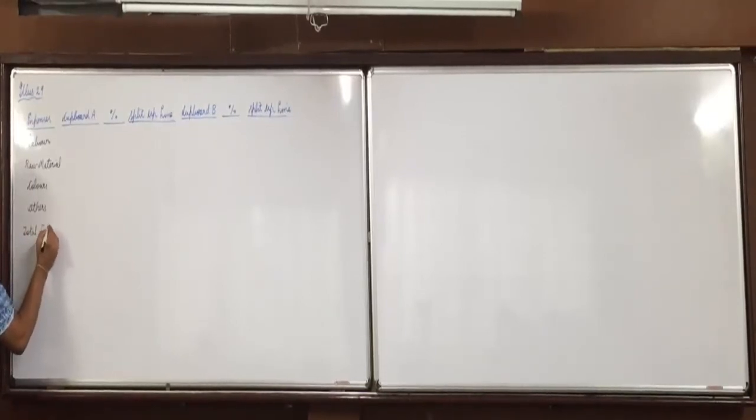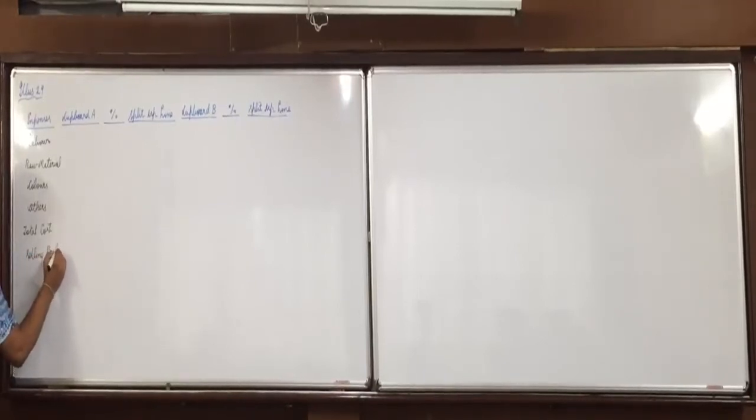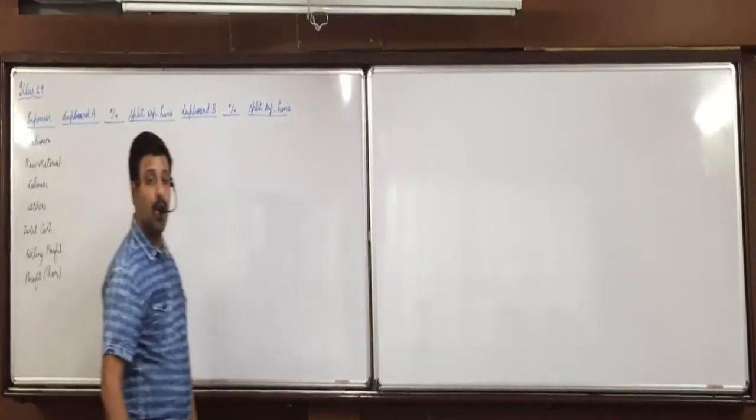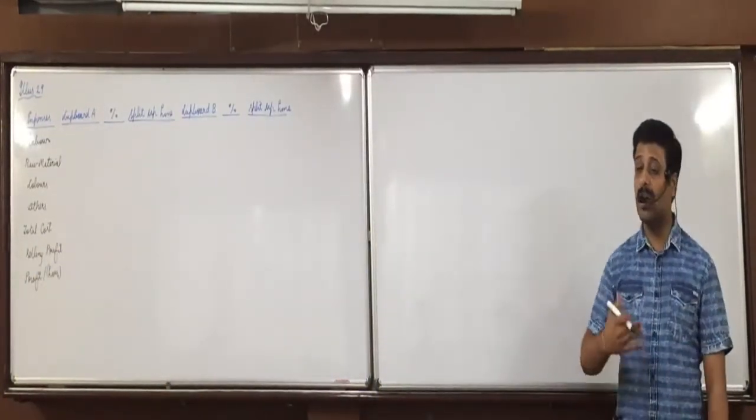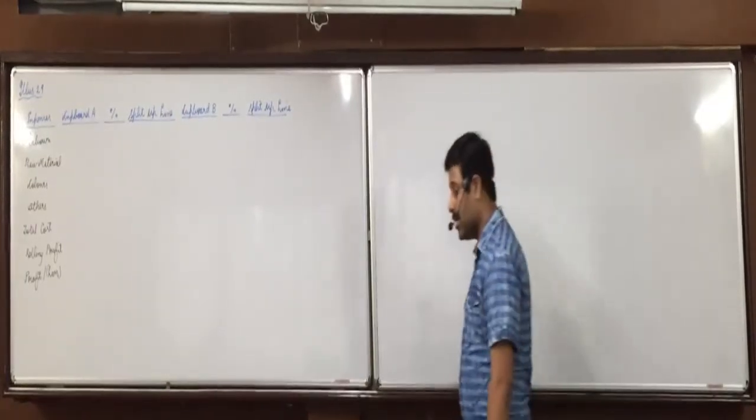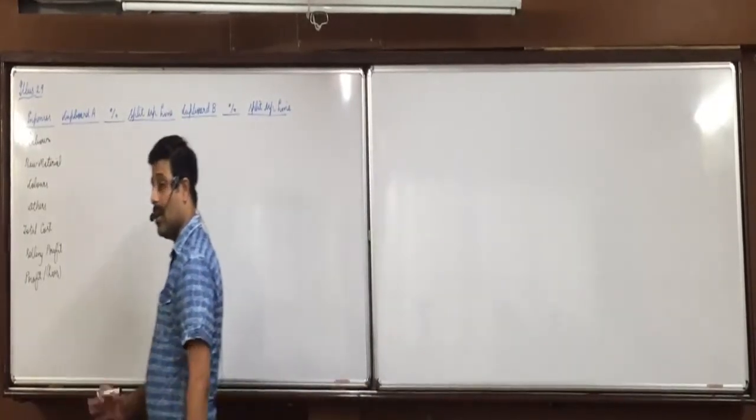After that we'll write 2 more informations. Selling price and profit or loss. Loss we will show in bracket. Throughout the commerce subject, remember negative figures are shown in bracket. Whether we do accounts subject or statistics subject, negative figures are shown in brackets.